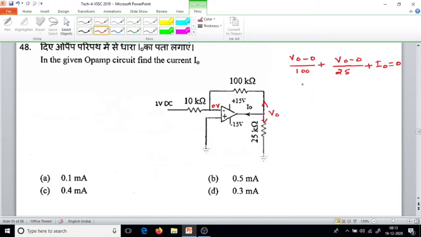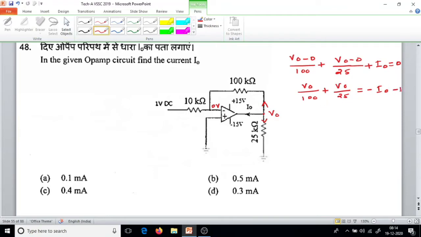So this is V naught by 100 plus V naught by 25 equals minus I naught.